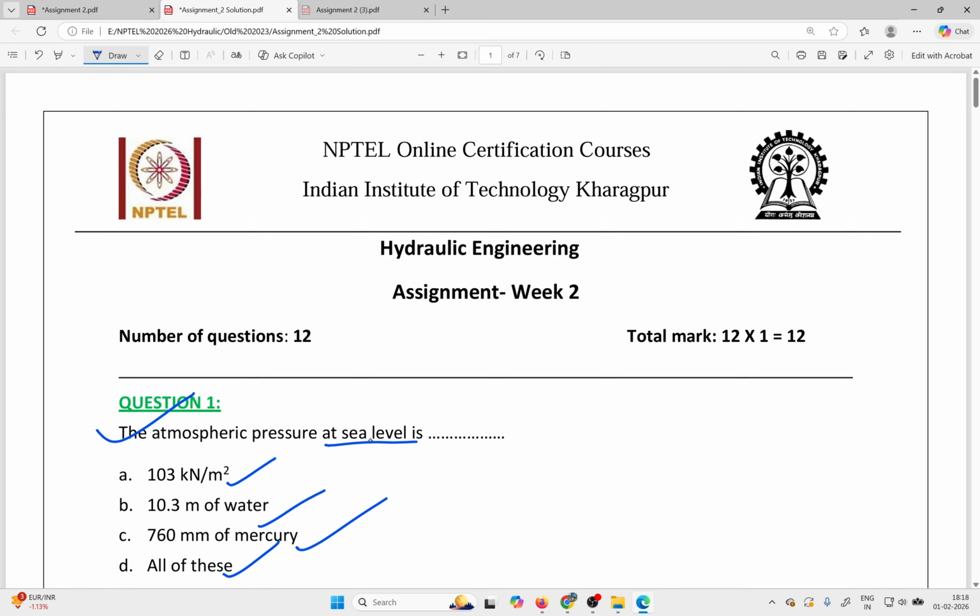So atmospheric pressure at sea level is 103. Yes, it is fine, because atmospheric pressure at sea level, this value in Newton per meter square.